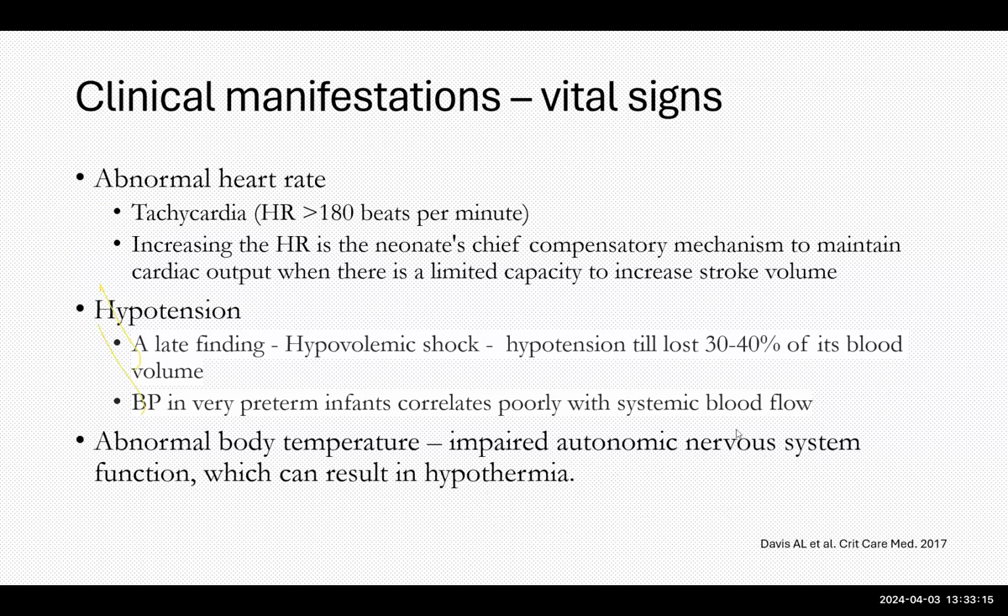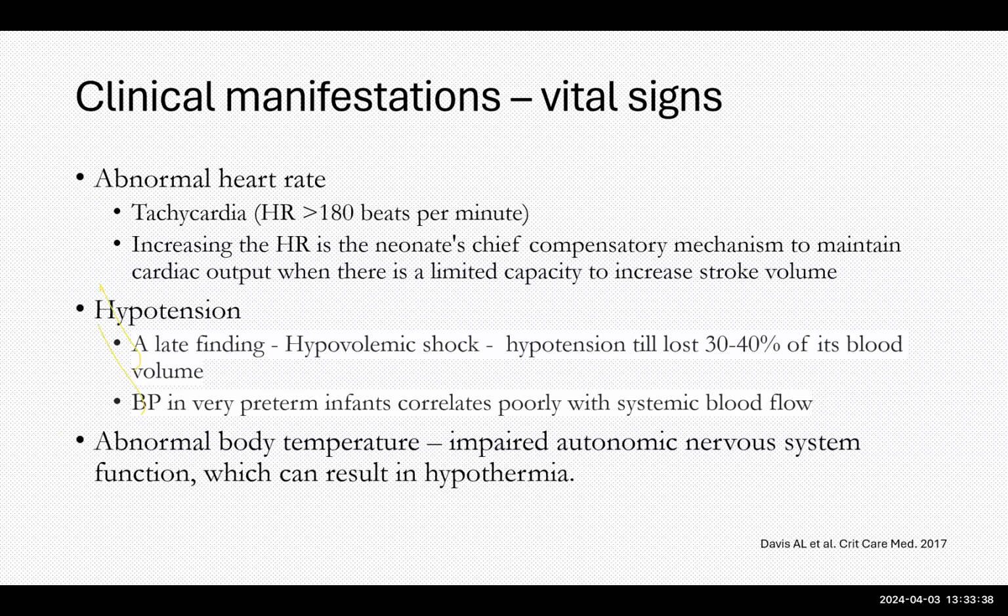Hypotension is a late finding. In some of those classical textbooks, they say in infants, especially preemies, they may have to lose 30–40% of their blood volume to show some hypotension. I don't know where these numbers come from, but pretty consistently from our observation and the classical teaching, hypotension is a late finding.